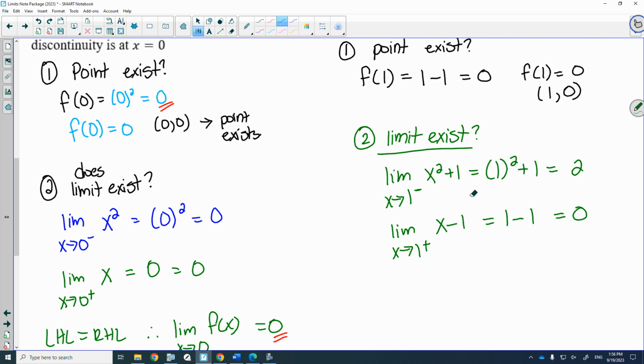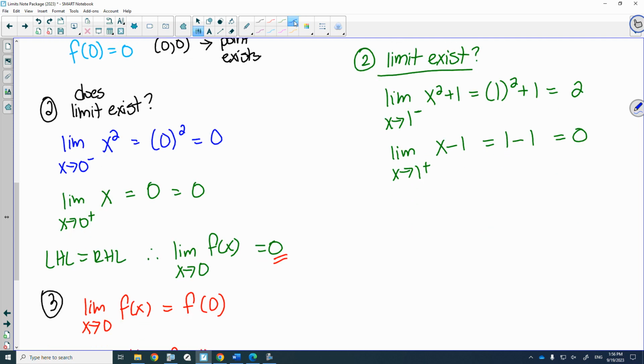The limit doesn't exist. This function is not going to be continuous. So we'll write down the limit as x approaches 1 of f of x does not exist. So I don't even have to check step 3, the limit equals the point, because the limit doesn't exist.